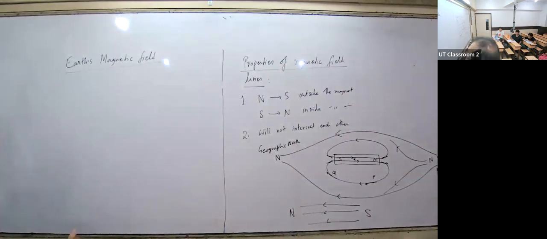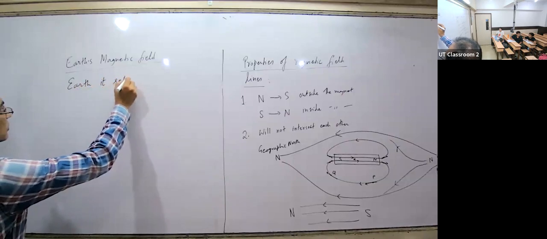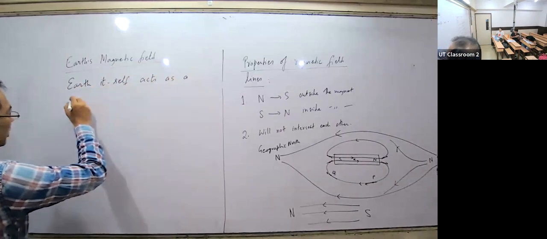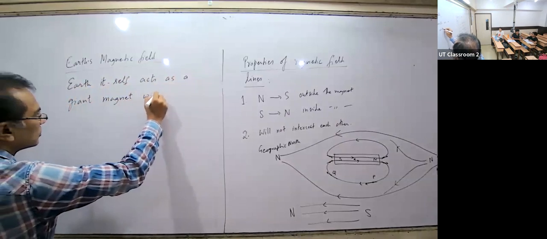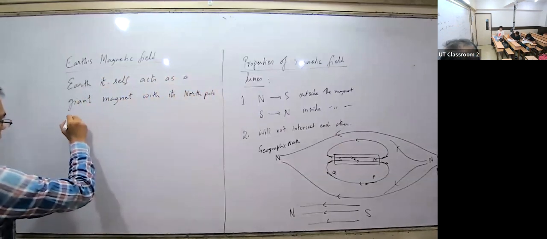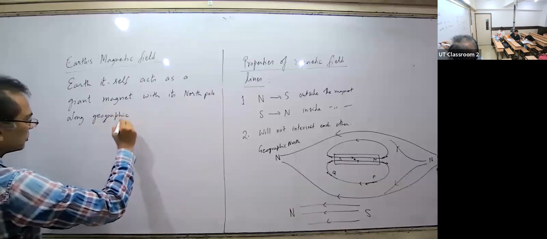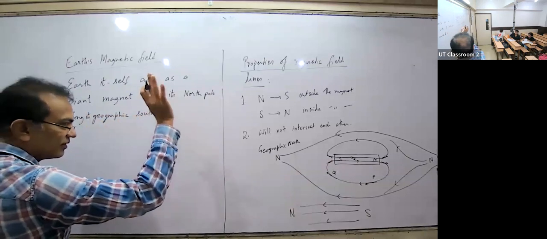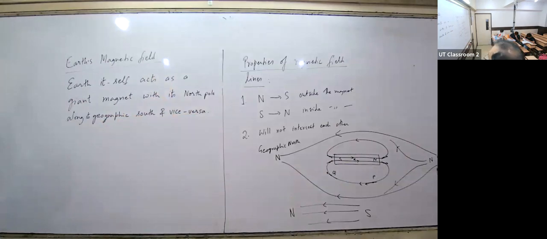So देखो, first of all, Earth itself acts as a giant magnet, with its north pole from geographic south, मतलब along its geographic south, and vice versa. And vice versa. Okay.